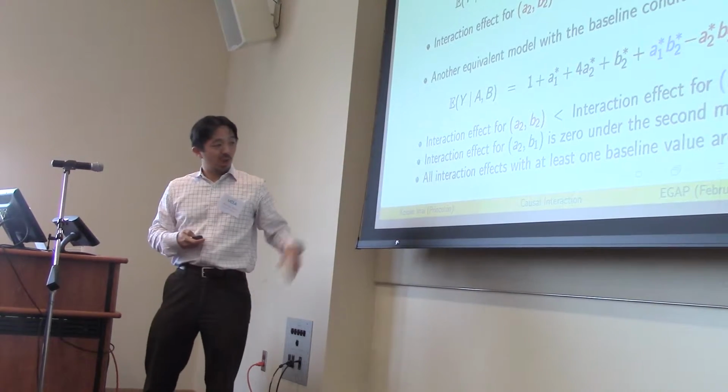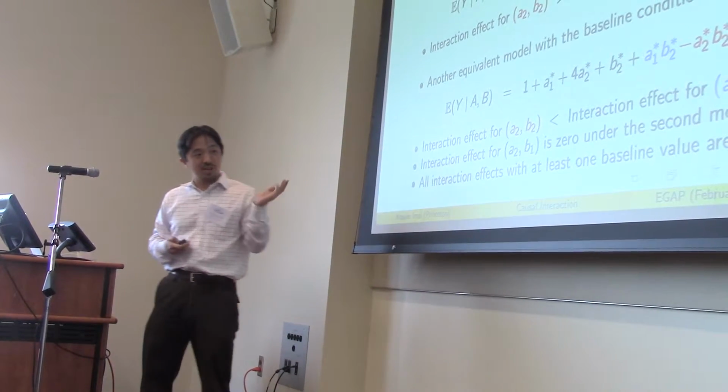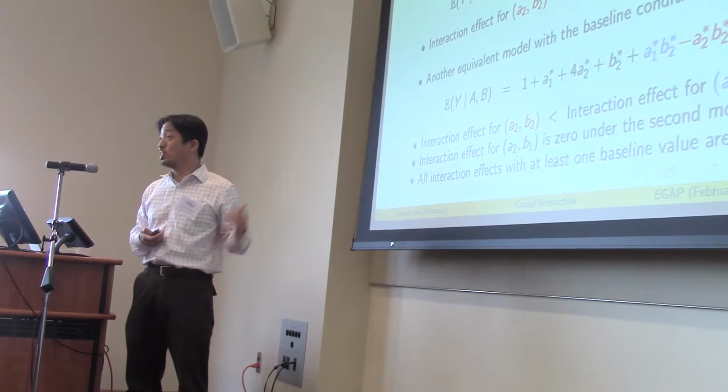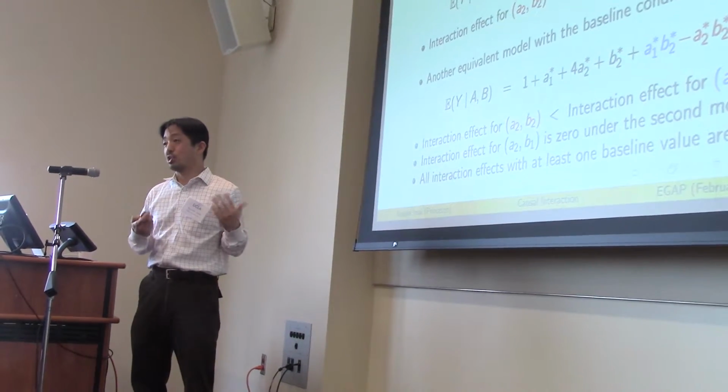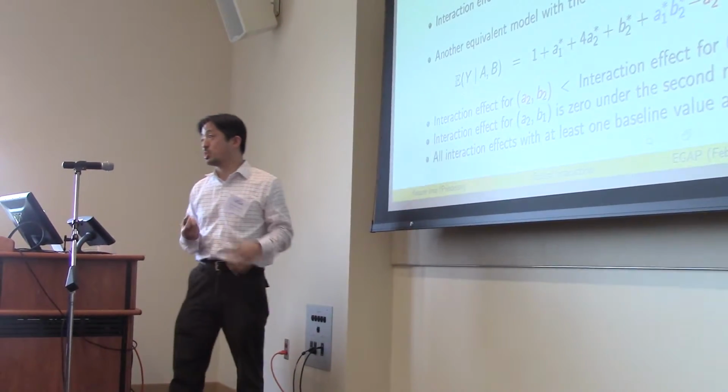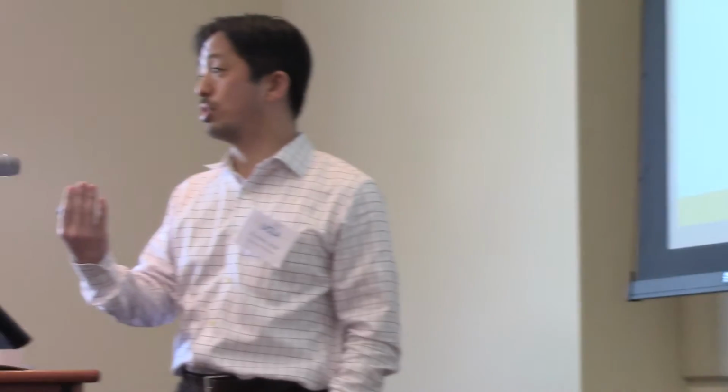Okay, so all interaction effects with at least one baseline value are 0. Right? So this is problematic depending on the situation you're in, especially when you don't have a strong motivation for the baseline condition. Like in the conjoint, should Somalians be the baseline, or should people from Sudan be the baseline? It's unclear.